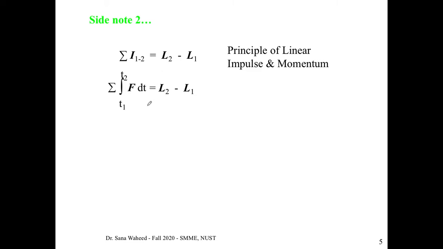So if I manipulate this further, what I do is actually take the differential of that whole equation. Then what would I get? I'd get my summation F on the left hand side as it is, whereas on the right hand side I'd actually be getting the integral of L2 minus L1 with respect to time.